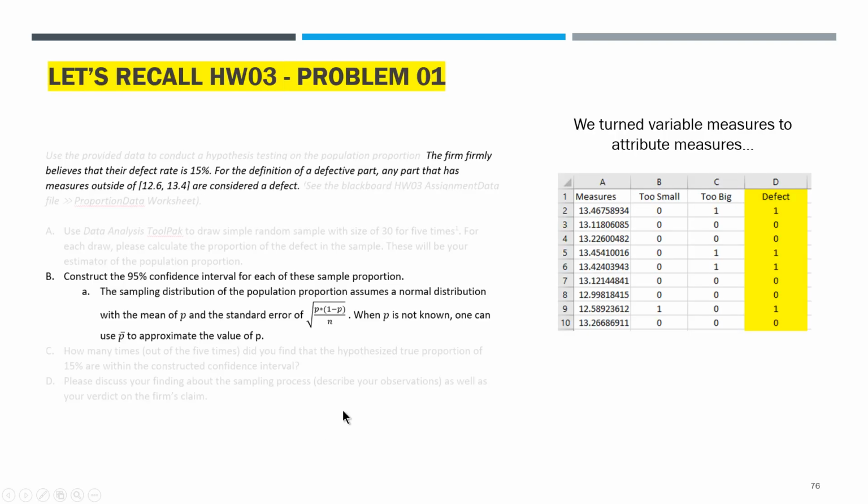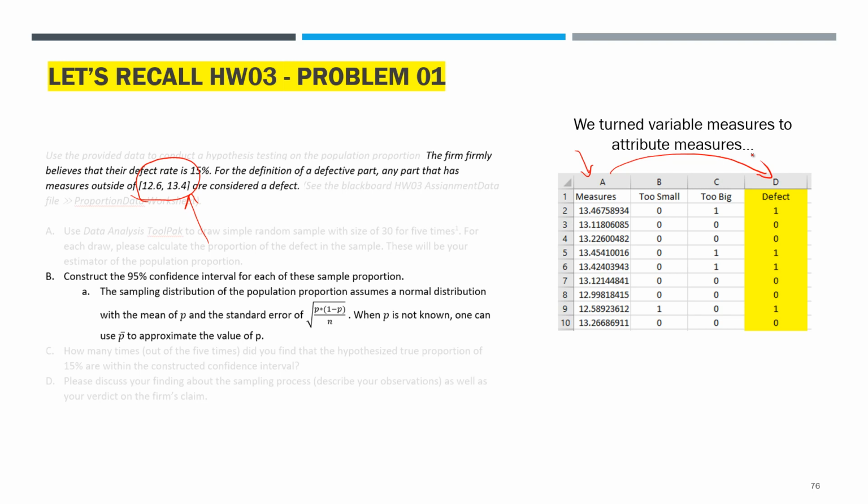Most of you still remember this problem from your homework number 3. The firm firmly believes that their defect rate is 15%. It also provided the definition of the defects by giving you this specification limit. I also showed you how to convert this variable measurement into the attribute measurement, right?